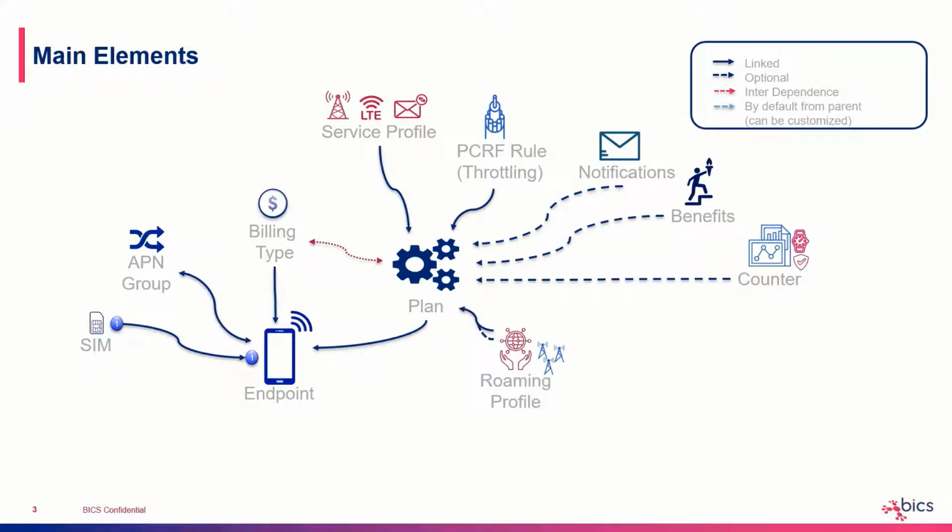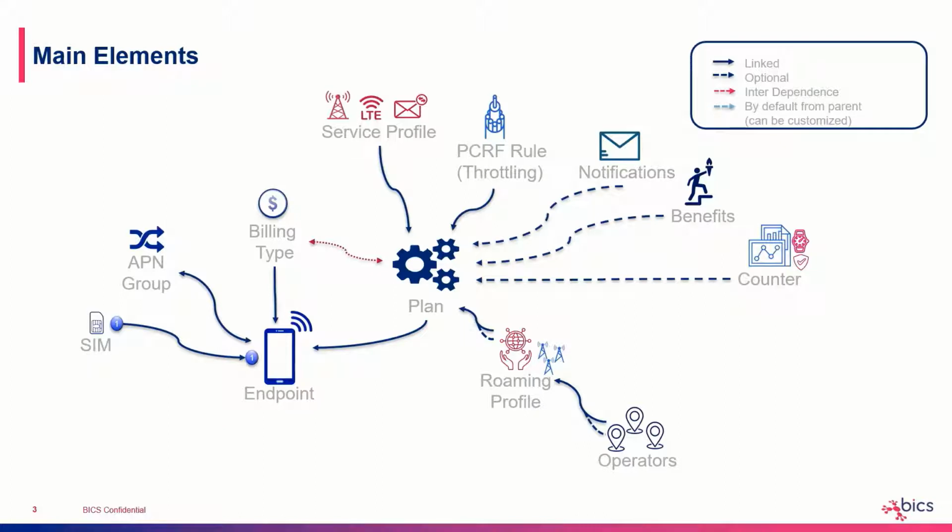The next important element is the roaming profile, which will drive the endpoint's coverage. The roaming profile consists of a set of operators' visited networks in the different countries where you want to allow the endpoint to connect. If you want some endpoints to connect only to the UK and Ireland, you can create a specific roaming profile with only the operators of those two countries.